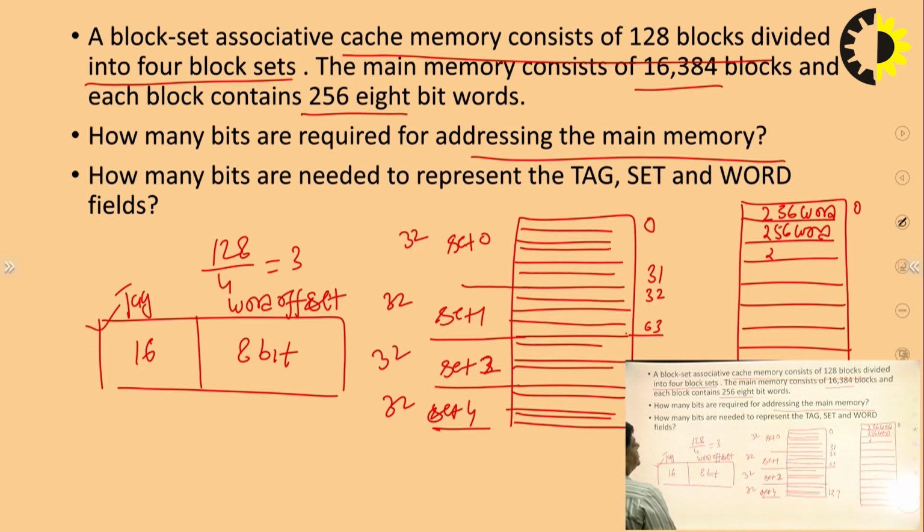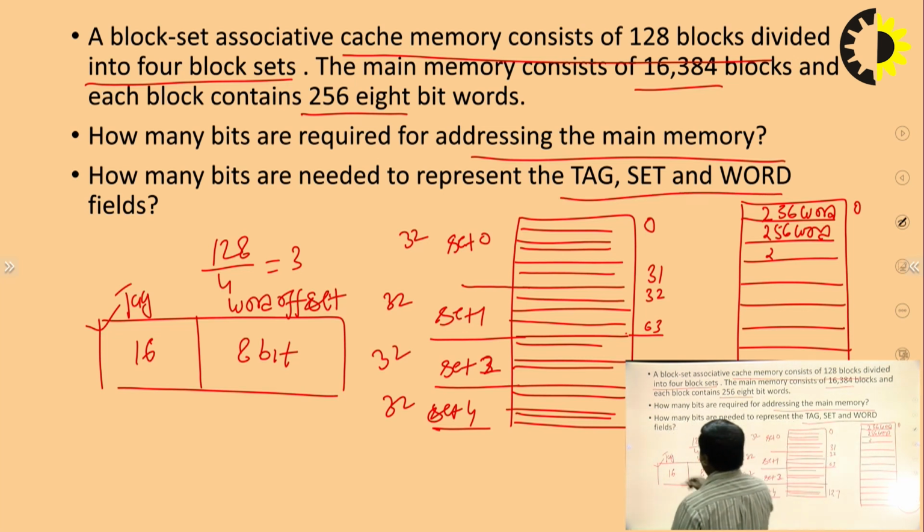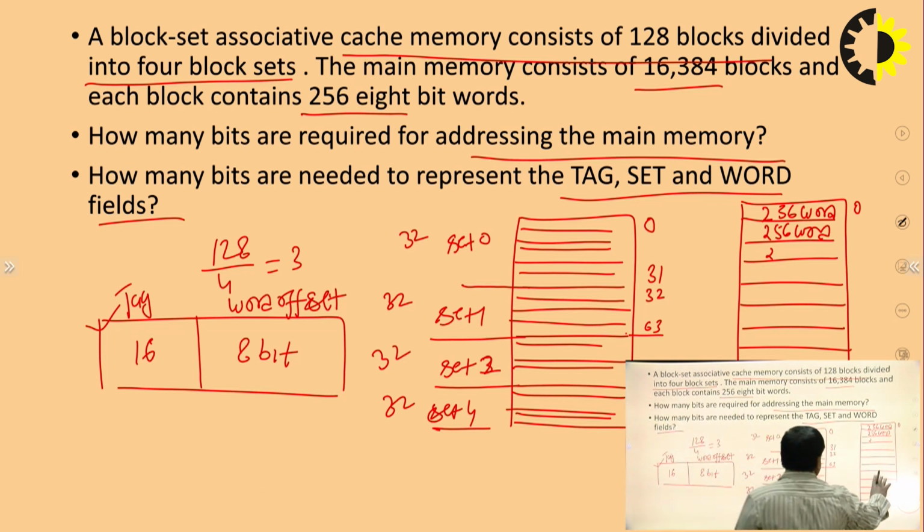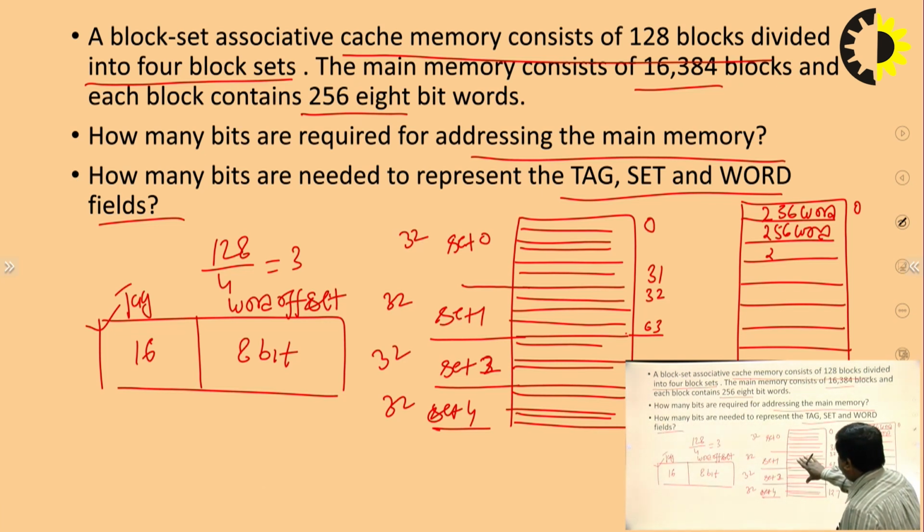Now how many bits are needed to represent the tag, set and word offset fields of the main memory? It means each page we can accumulate into the cache memory. Then that is very simple.